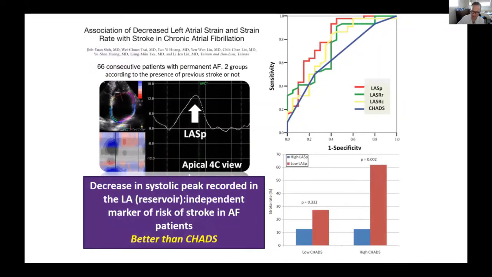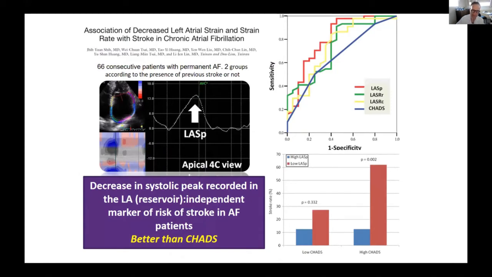And there are many papers, at least 10 to 15, that looked at the value of LA strain for predicting the presence of atrial arrhythmia or risk of cardiac embolic source of stroke.